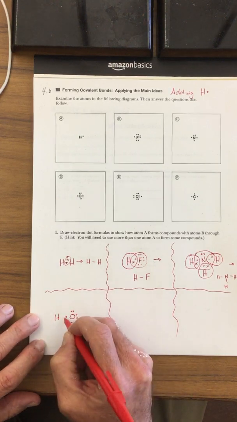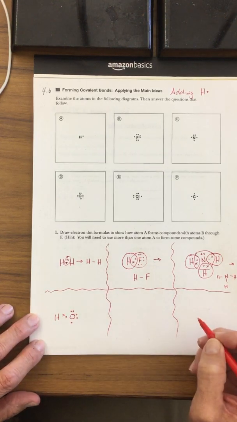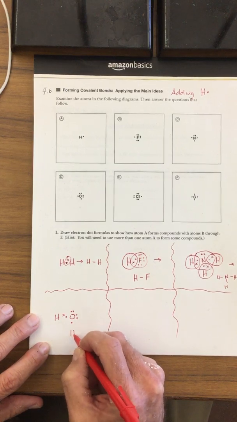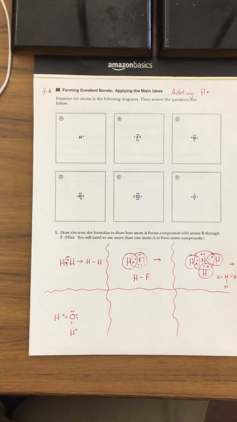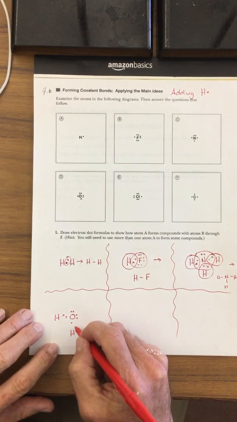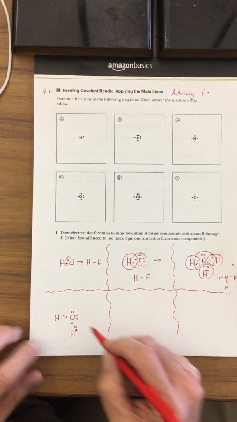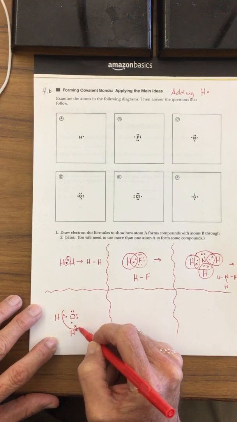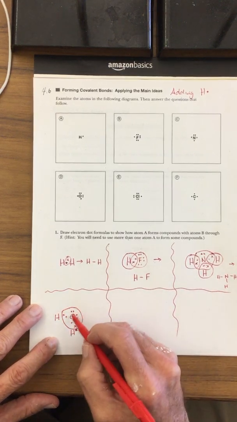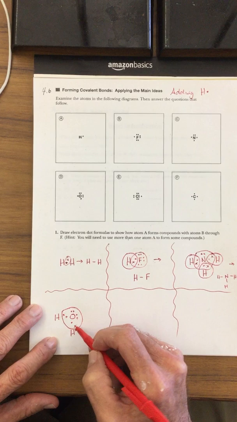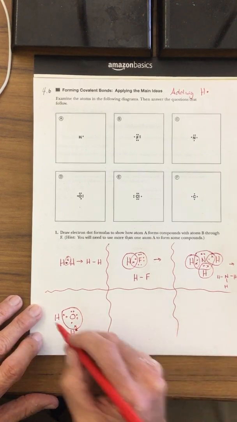So the hydrogen is going to come over with its electron, and the other hydrogen will come over with its electron as well. We'll draw it a little closer. How many electrons are now going around the oxygen? Just like before, it has 1, 2, 3, 4, 5, 6 of its own, plus 2 that are being shared.